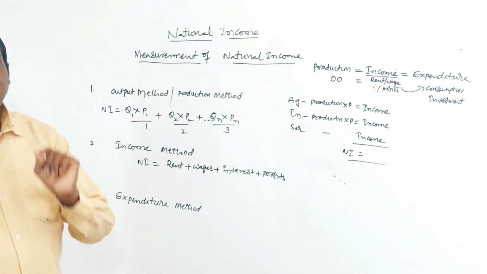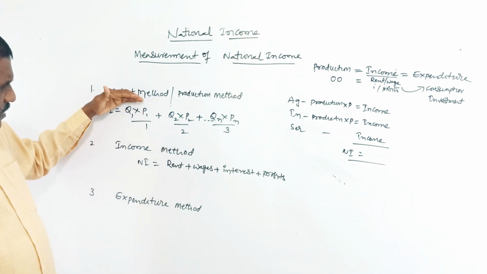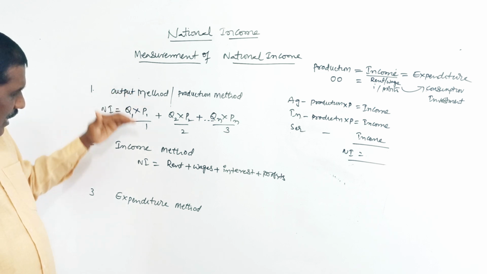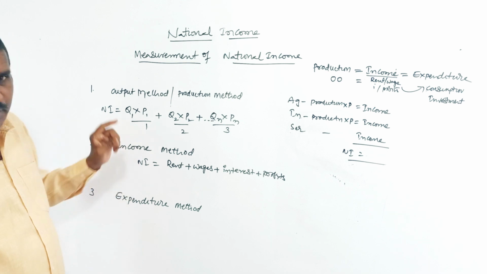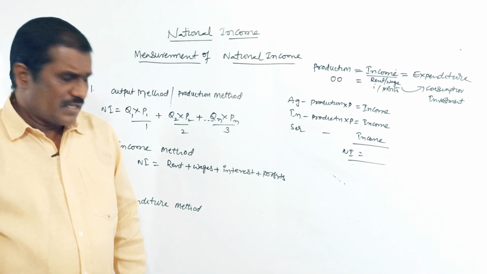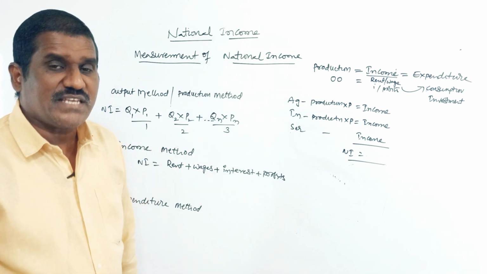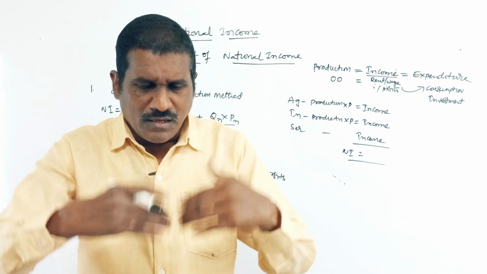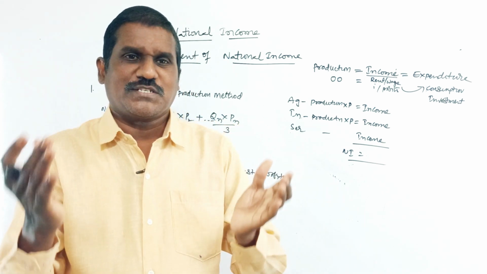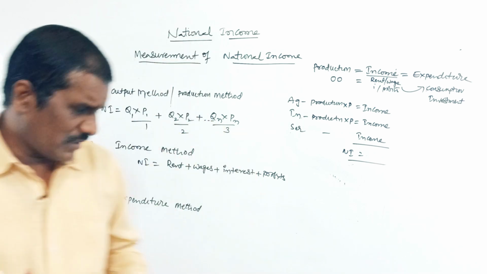So this is the second method to measure the national income. Maybe the output method you can use, or the income method you may use. So this is the income method. Next one, the expenditure method. How much expenditure is being done by the total population of the country. What is the expenditure of the people?